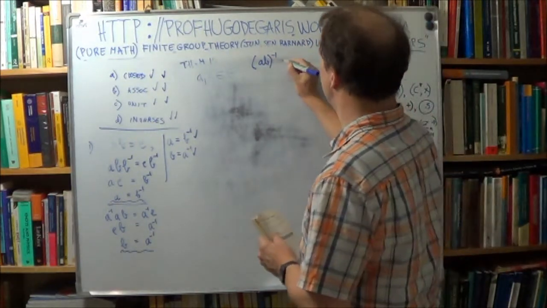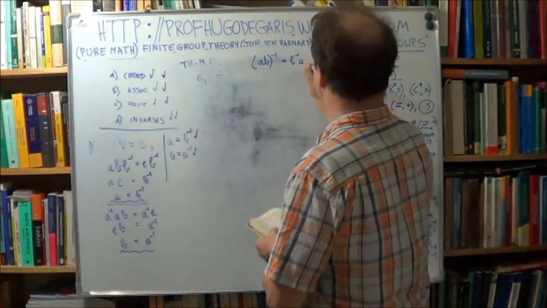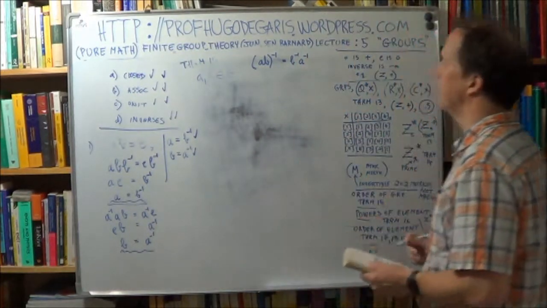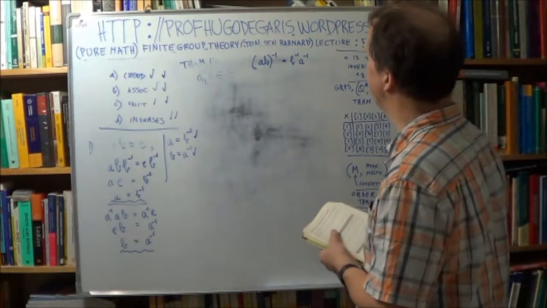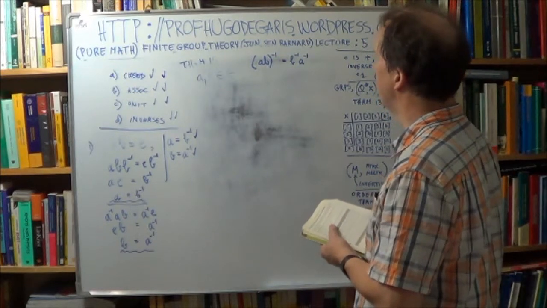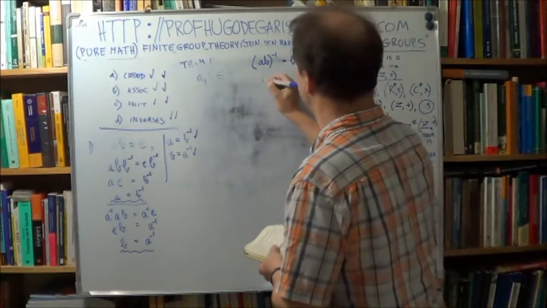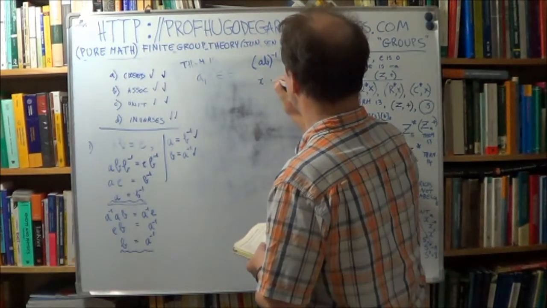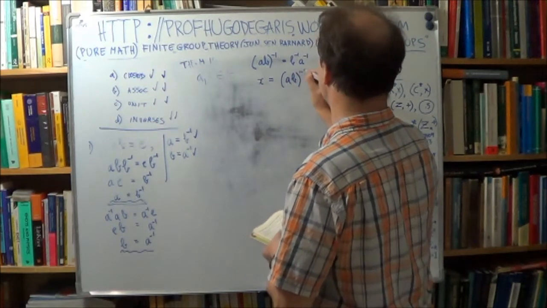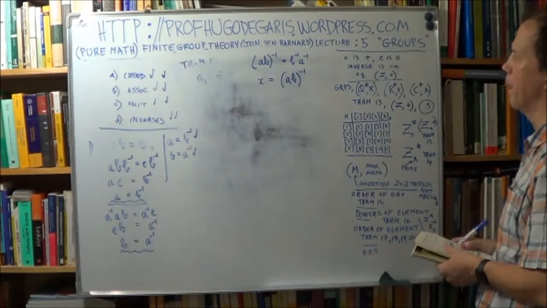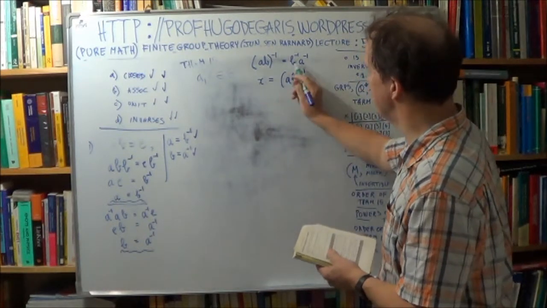Now I have to prove that this is equal to B inverse A inverse. How do you prove that? So let's say we start here. Let x equal the inverse of AB, right? So we don't know what that is, but let it be x. We're trying to prove that x is this.